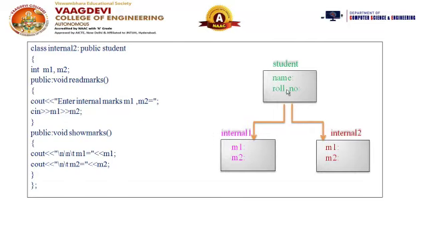The obj1 object is allocated the memory of student and internal 1, as shown in the memory. When the obj2 object is created for the internal 2 class, it is also allocated the memory of the student and internal 2 classes.